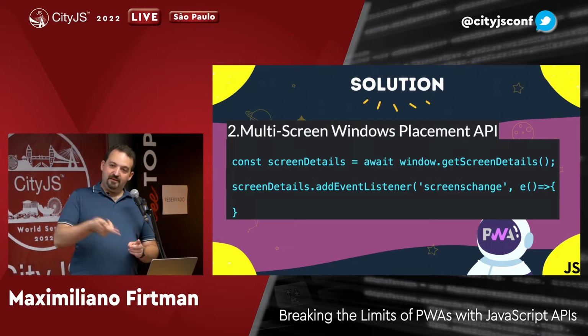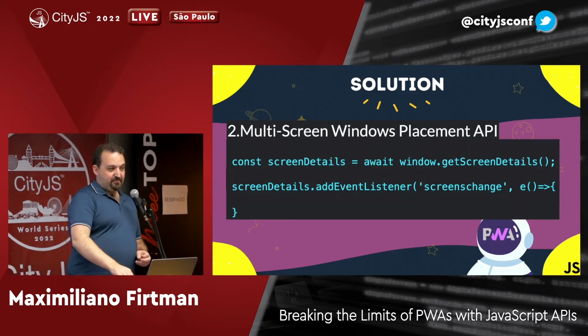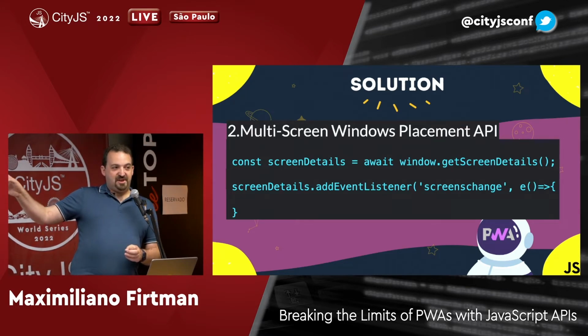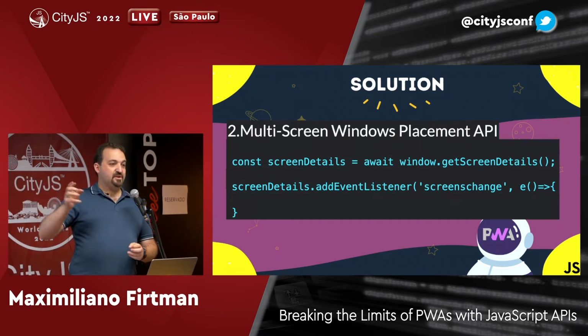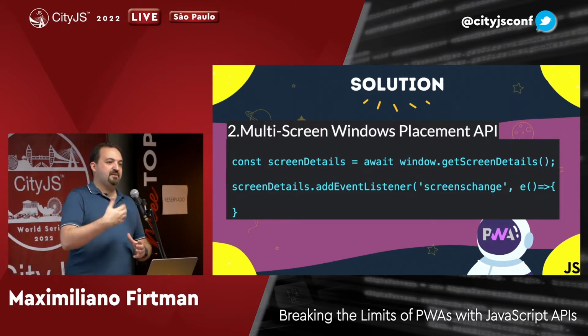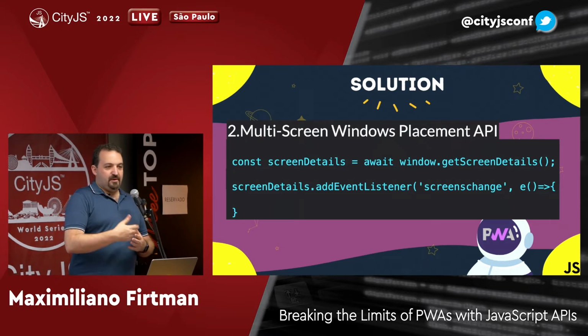I can know the details, the names of the screens, and I can position windows on specific screens. And if I remove the HDMI, I'm not going to do that, but if I did, there is an event, screenschange, that you can listen to know that something has changed in the environment. So you can reposition and rearrange the windows based on your settings or whatever you want to do.